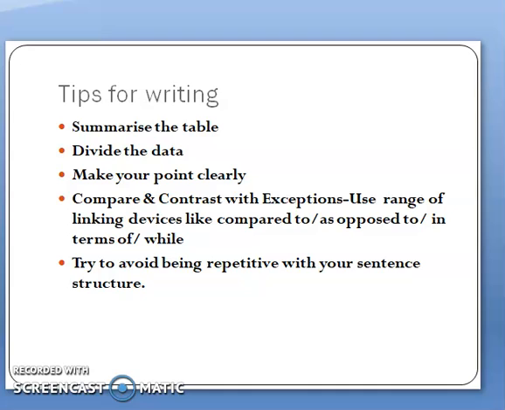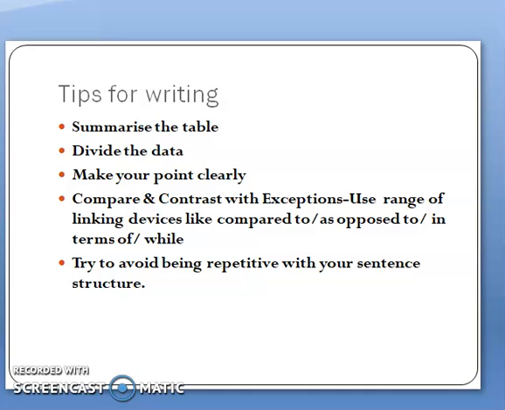So far, I have been discussing with you what is a table, its characteristics, features, and its importance for writing, how to interpret the table into a paragraph, how to structure a good paragraph. Now, let me discuss with you some tips for writing.